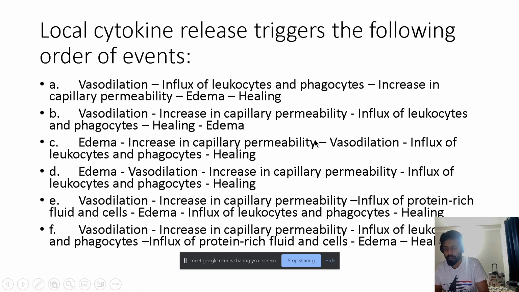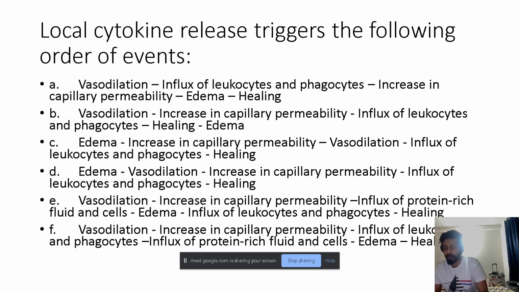So after increase in capillary permeability, is there an influx of leukocytes and phagocytes, or is there an influx of protein-rich fluids and cells? So influx of protein-rich fluid and cells occurs. Yeah, it leads to edema. So essentially, as soon as the capillary permeability increases, whatever fluid is present in your blood vessel immediately rushes out.